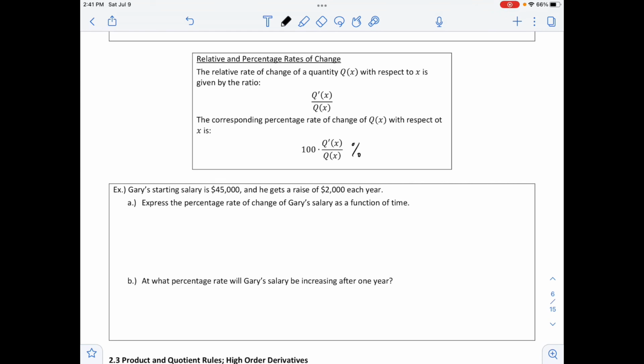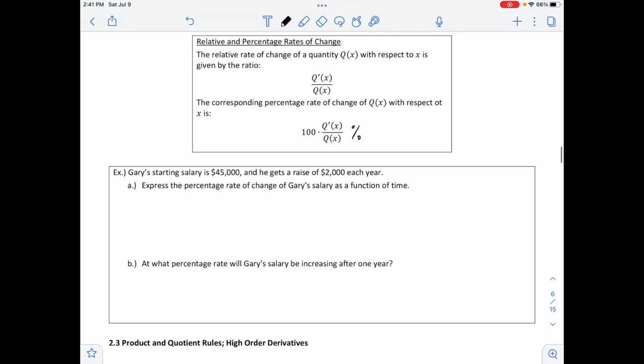So the example right below says Gary's starting salary is $45,000 and he gets a raise of $2,000 each year. A says express the percentage rate of change of Gary's salary as a function of time. And so I'm going to go ahead and use a G for Gary.